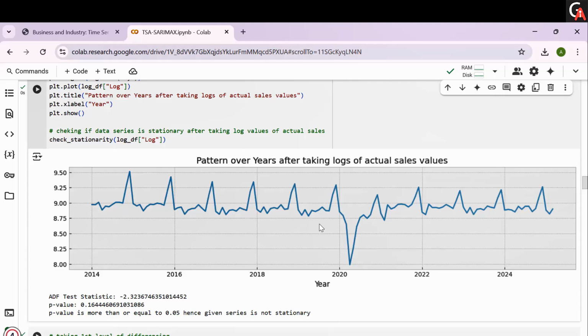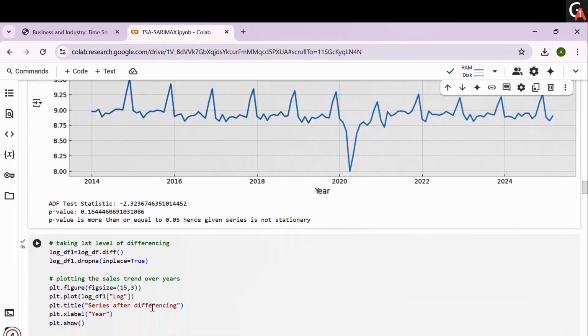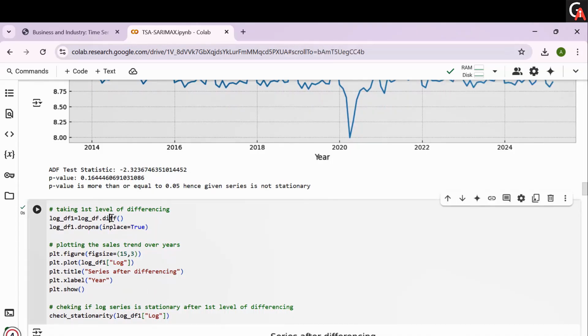So by looking at this graph, can you see, is it stationary? No, right? Mean and variance both are not constant, but the variance has been stabilized. Now this series is not a stationary one, and the ADF test is also telling us that. Now you can make it stationary by taking differencing. So you have to take the differencing of that logarithmic series that we have just plotted over here.